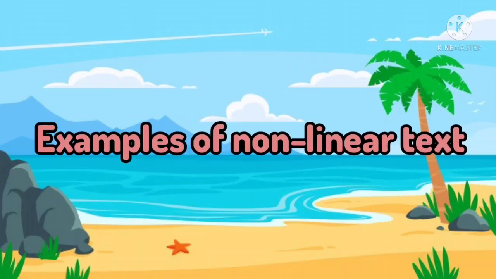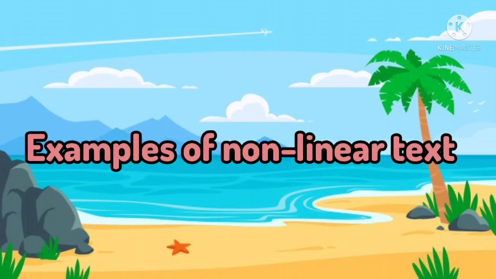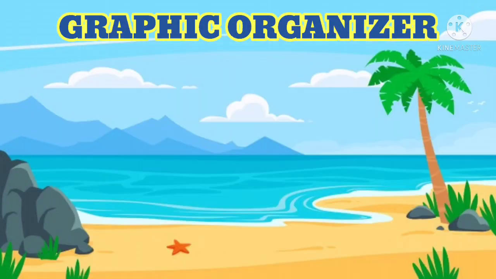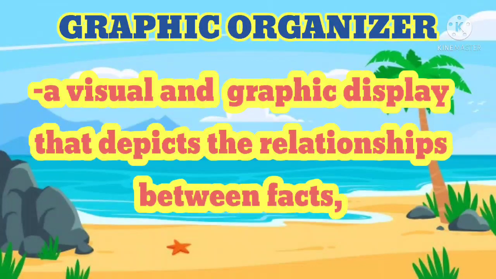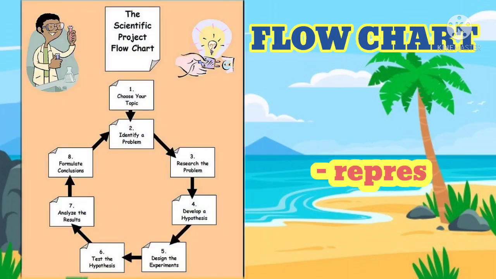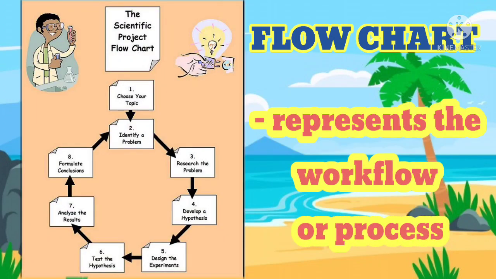And we have examples of non-linear text. We have graphic organizer. A graphic organizer is a visual and graphic display that depicts the relationship between facts, terms, and/or ideas within a learning task. Next, we also have the flowchart. A flowchart is a type of diagram that represents a workflow or process.